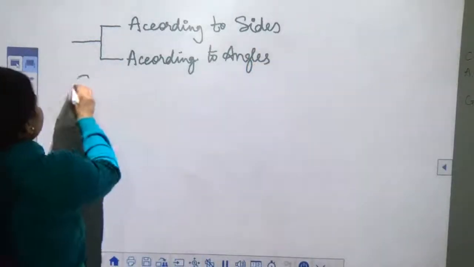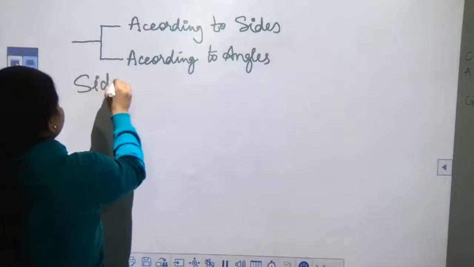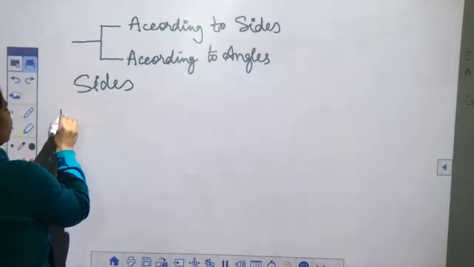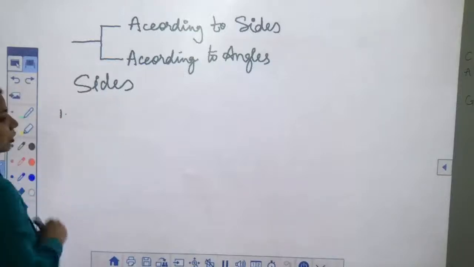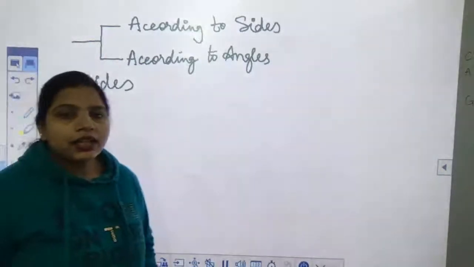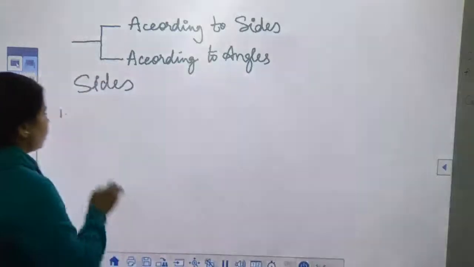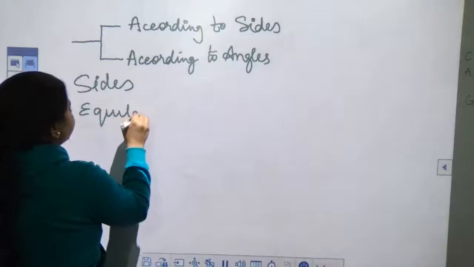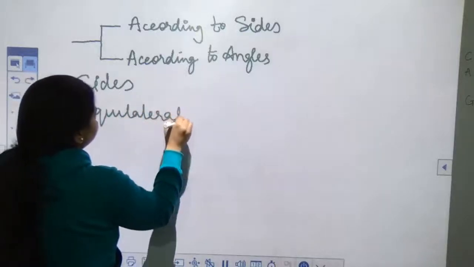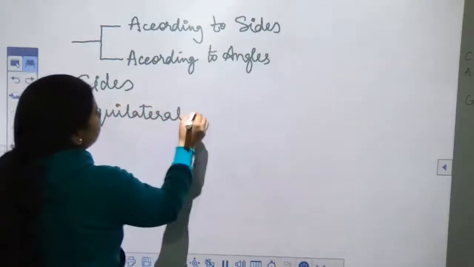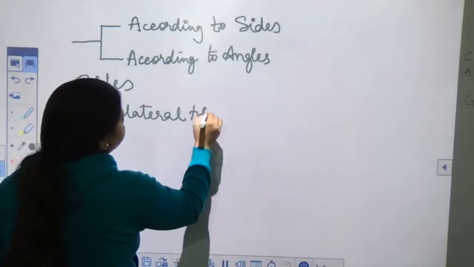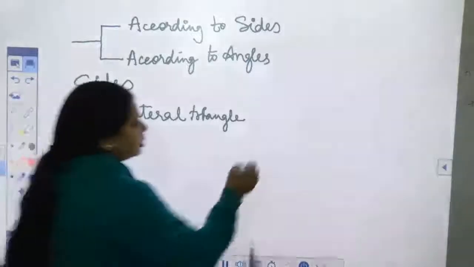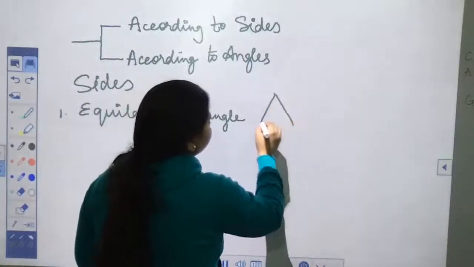So according to sides, first is a triangle with all sides equal. If all sides are equal, it will be called an equilateral triangle. Equilateral triangle means all of its sides will be equal.